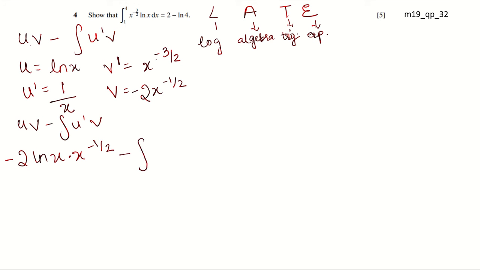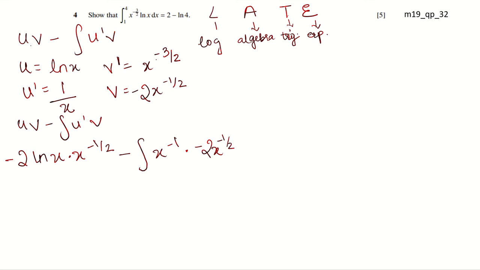Now what is u prime? u prime is 1 over x. So I will just write it as x raised to minus 1, which is also equal to 1 over x. That is going to be multiplied by, again, v, so that is minus 2x to the minus 1 by 2.